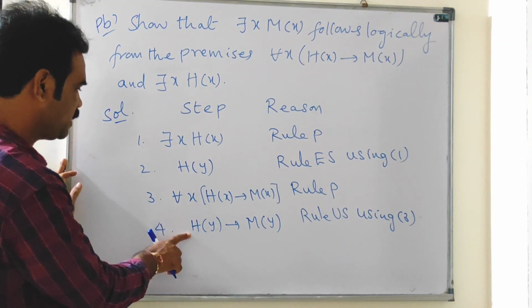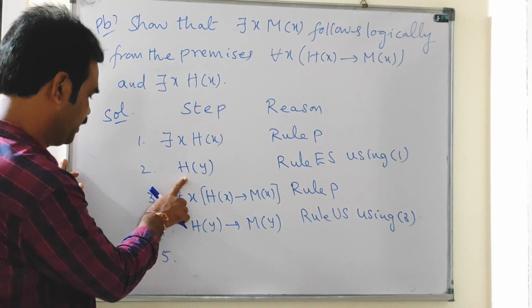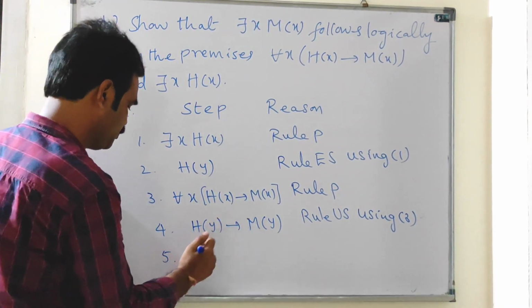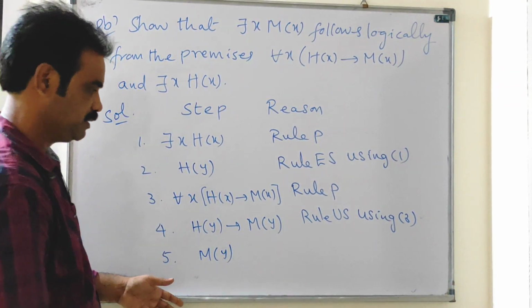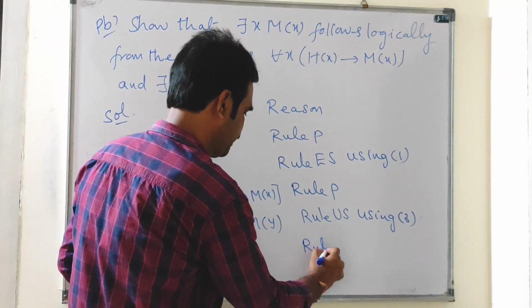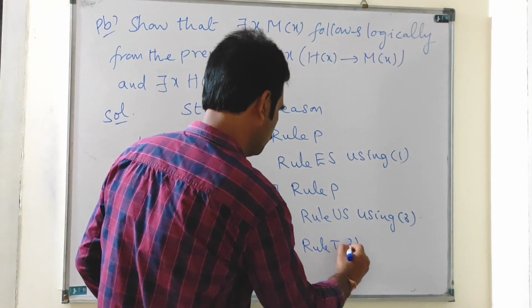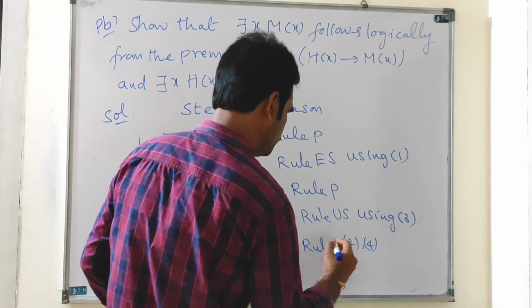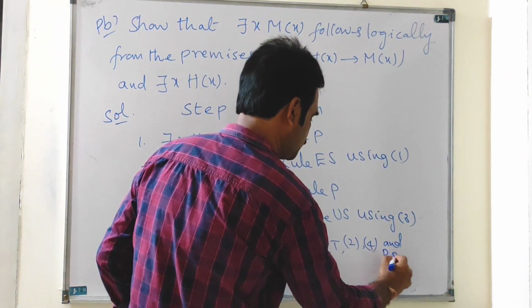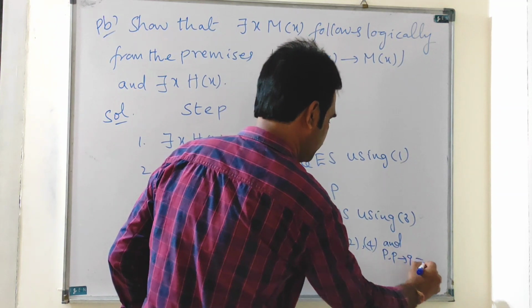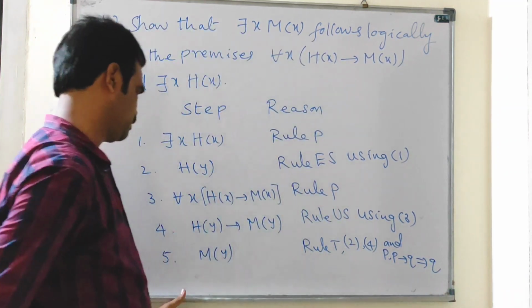Observe second and fourth steps. Second is H of y and fourth one is H of y implies M of y. From this we get M of y by modus ponens. Reason is rule T using 2 and 4, and P, P implies Q, therefore Q. This is modus ponens.